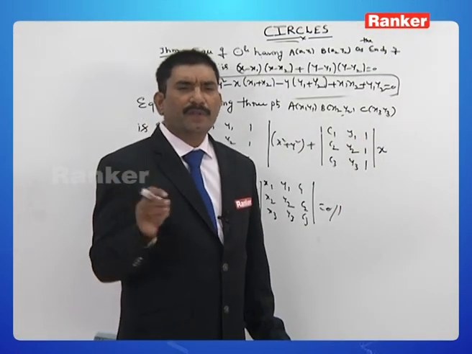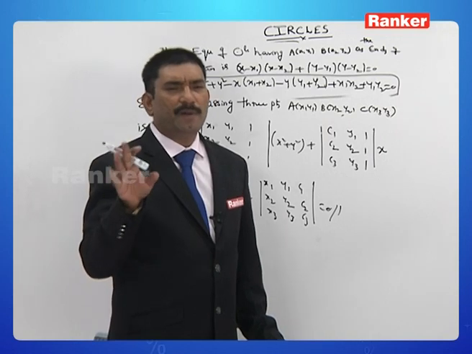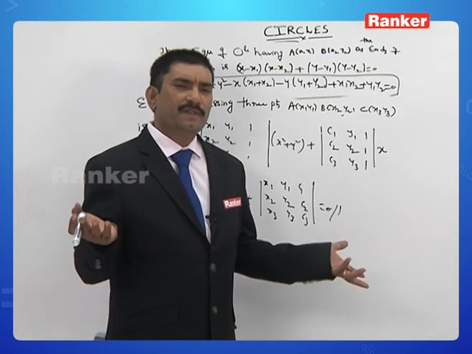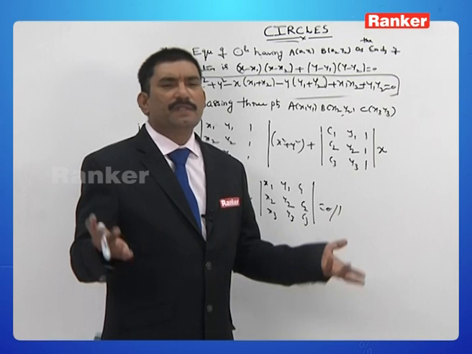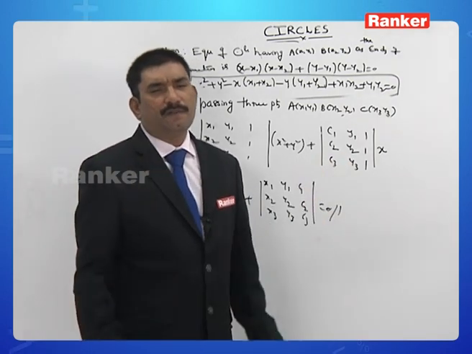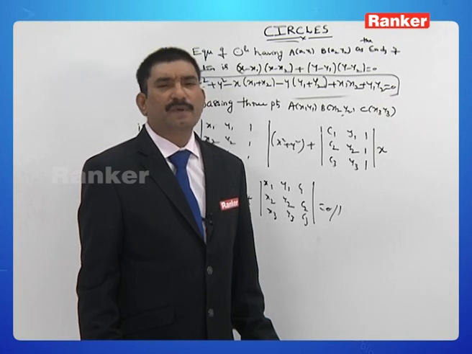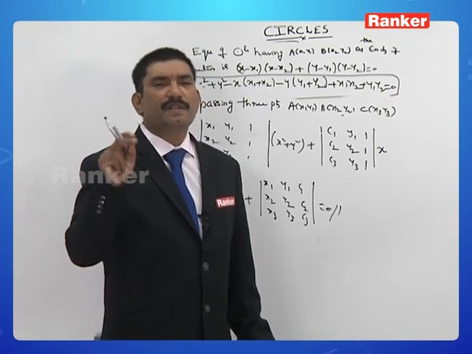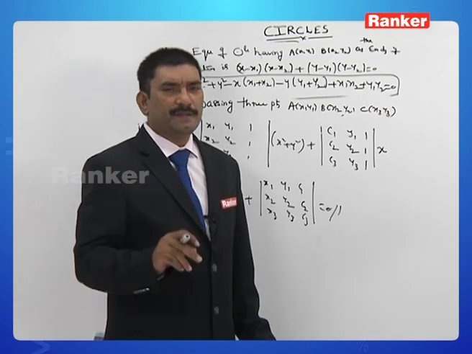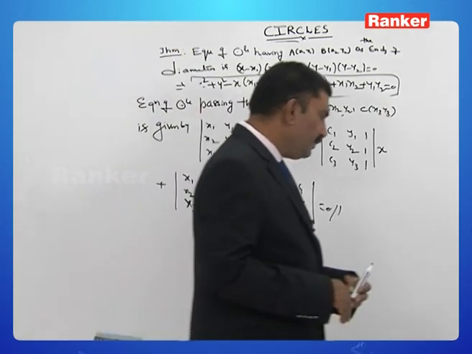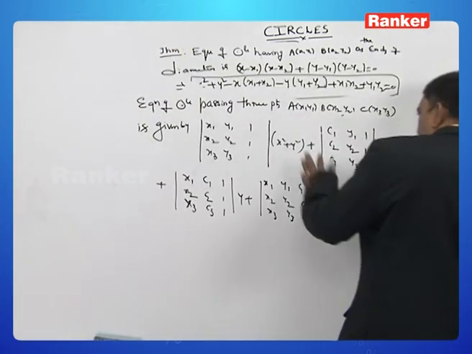Solve 2, 3, 4. 3 unknowns, g, f, c, you get 3 equations. That gives the values of g, f, c. That also gives the equation of a circle passing through 3 non-collinear points.